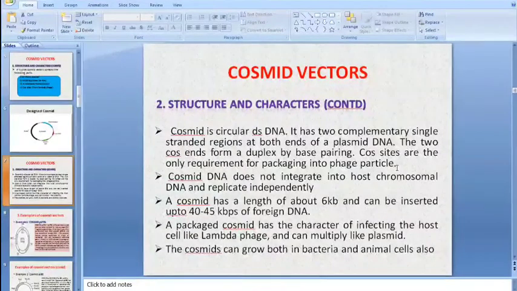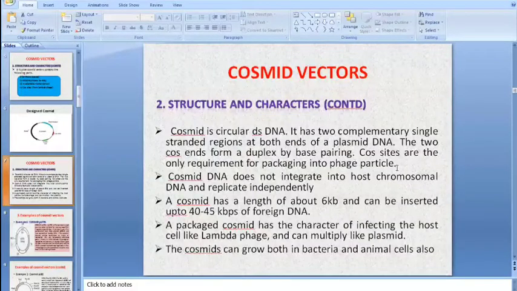So if you want to construct a cosmid vector, it has both the characters of bacteriophage and also the plasmid. What is the character of the lambda phage or bacteriophage? It can infect the host cell, the E. coli host cell.